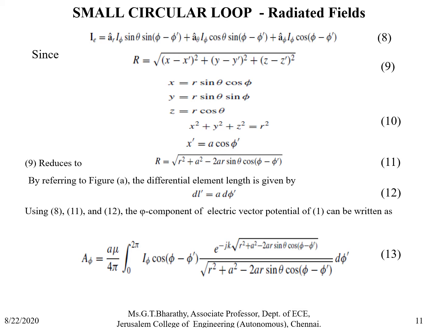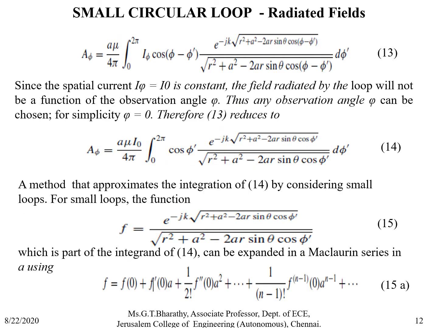So how do you get the d phi dash? dl dash is represented as a into d phi dash. So a is written along with mu by 4 pi and d phi dash is written inside the integration term, and it is represented as equation 13.